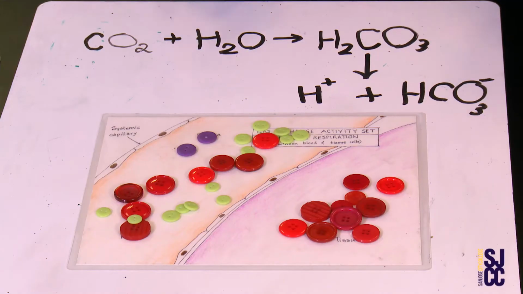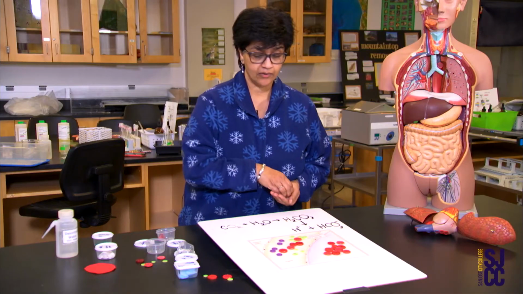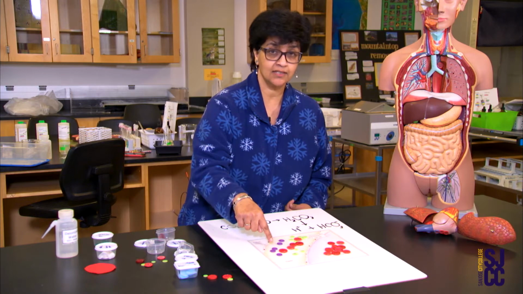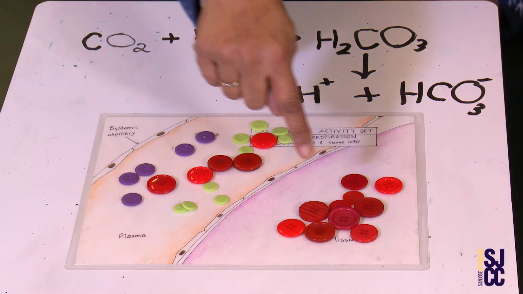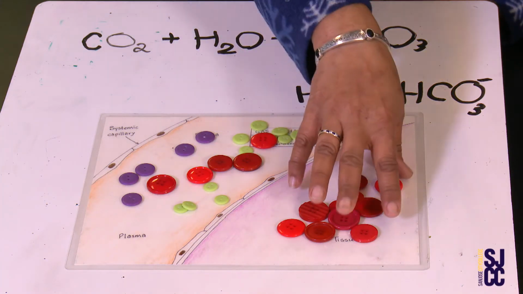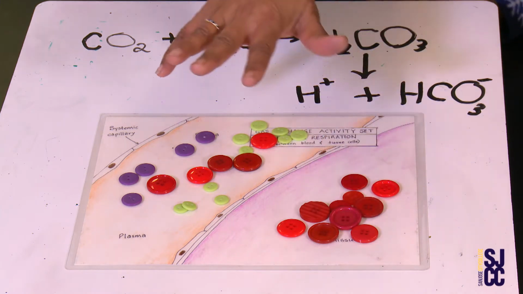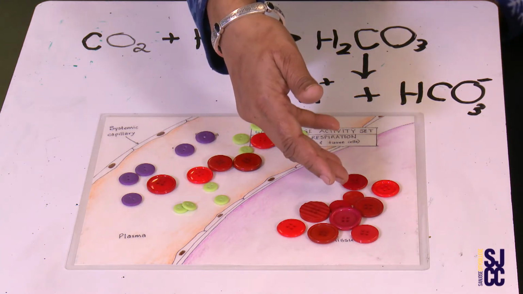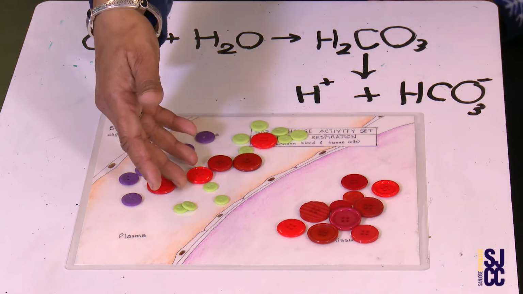And carbon dioxide will come to equilibrium with carbonic acid. Okay, so we now have carbon dioxide and carbonic acid in equilibrium in the water, and we have a high concentration of carbon dioxide. So you have to imagine carbon dioxide will keep moving from the tissues into the blood.